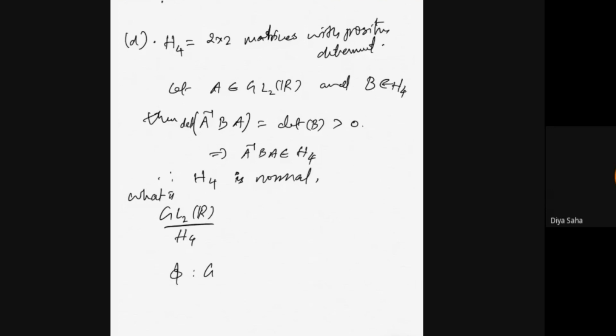Yes, that's correct. Can you find an explicit expression for your map? Your map is exactly correct, but I will give you a matrix A. Can you give an explicit expression instead of saying if the determinant of A is positive, then we map it to 1, and if the determinant of A is negative, then we map it to 0?